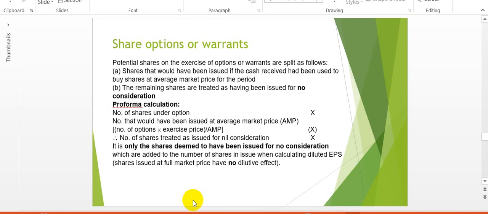So where share options or warrants have been issued, it is only the shares which are deemed to have been issued for no consideration which are added to the number of shares in issue when computing diluted EPS. Those shares which have been issued at full market price have no dilutive effect.